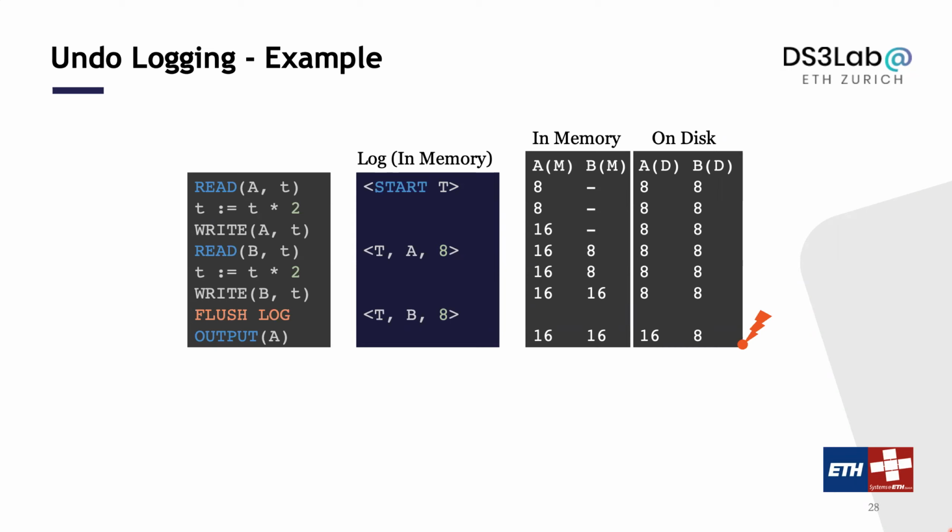In my log file on disk, I see three records, because I already flushed the log. I see the start T, the old value of A, and the old value of B. From that log file, what can I learn? Well, I know multiple things. First, before I crashed, there was a transaction T in my system.